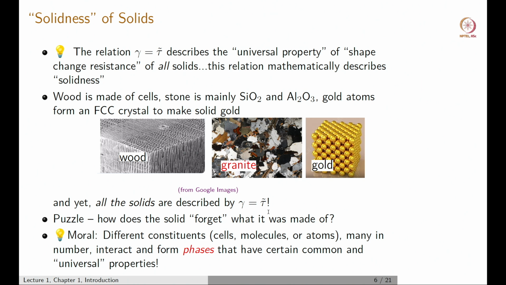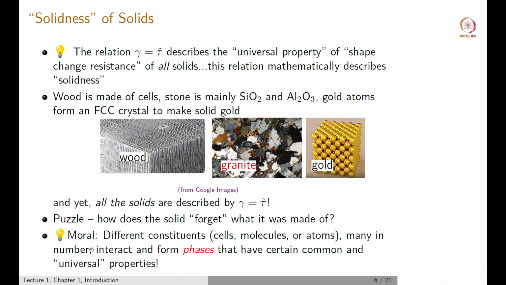So, we can pose the interesting aspect of this question in a different way. How does the solid forget what it was made of? It seems that the solidness has lost the identity of its constituents. All solids tend to lose the identity of their constituents when viewed in this way, in that they all resist shape change in a certain universal way.